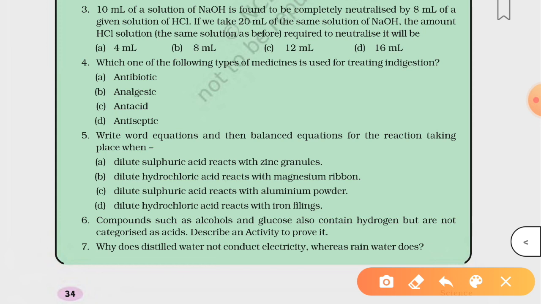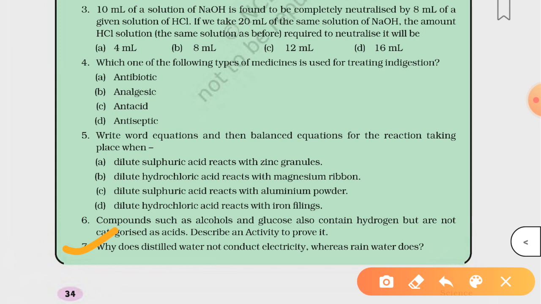Okay, you can take help of the portion which I described, what is common between acids and bases. There, this activity has been discussed with you. Now look at the seventh one. Why does distilled water not conduct electricity whereas rainwater does?